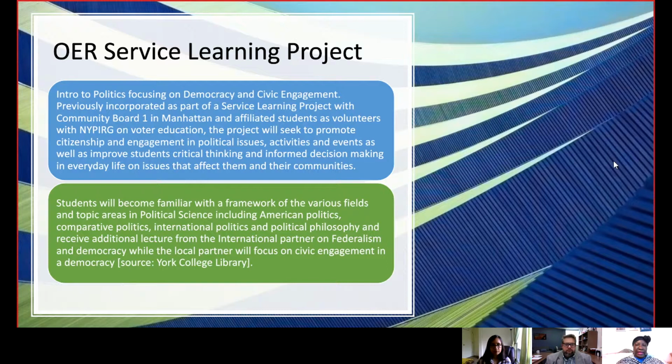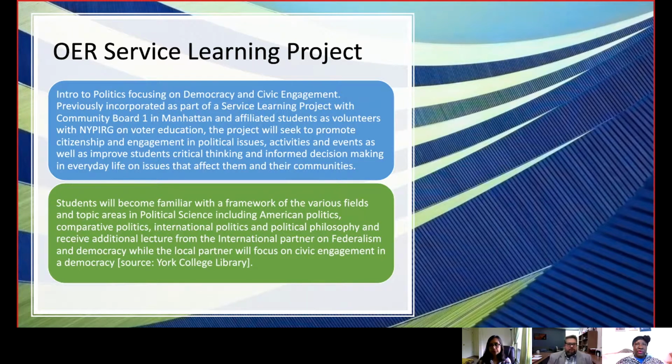And I've done so many OER, which is the Open Education Resource, textbook projects at many CUNY campuses. I'm making this presentation based on my Intro to Politics class, where the focus was on democracy and civic engagement. It was incorporated as part of a service learning project with Community Board 1 in Manhattan.